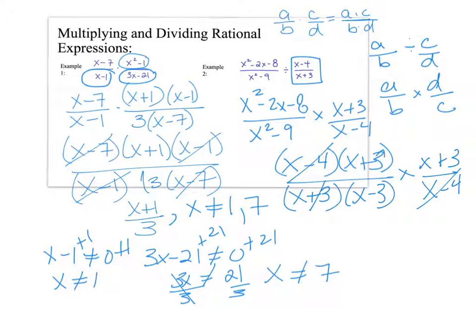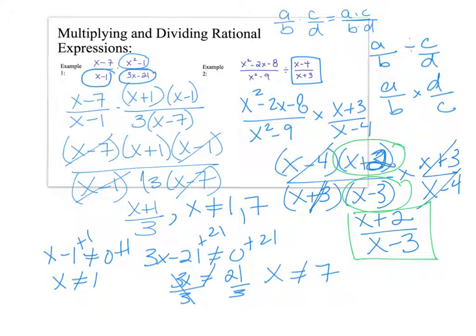I made a mistake. This should have been a 2, not a 3. Apologize for that. We can cancel out x plus 3 and x plus 3, and x minus 4 and x minus 4. And what I'm left with is x plus 2 over x minus 3. So you can see that we're left with x plus 2 over x minus 3. That's the answer to this division question. But then we have to deal with the domain.